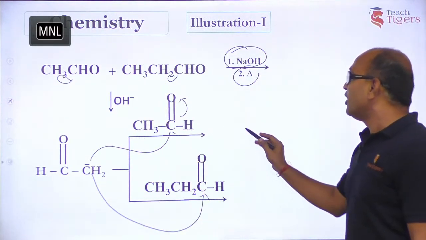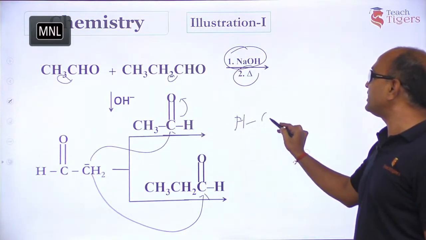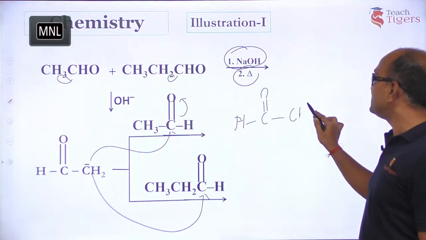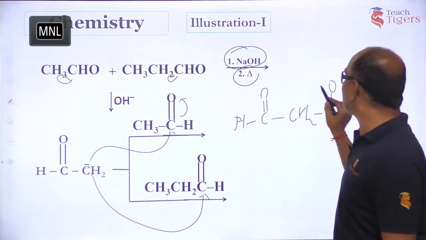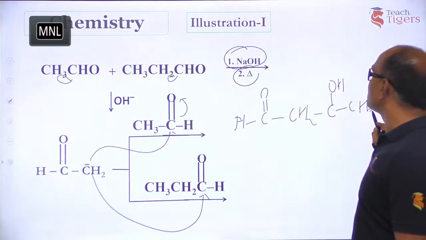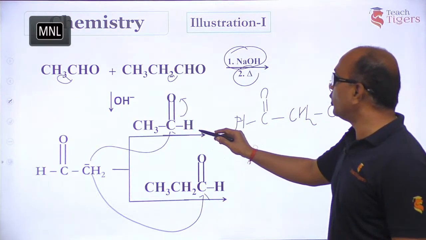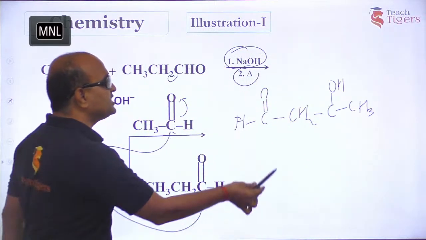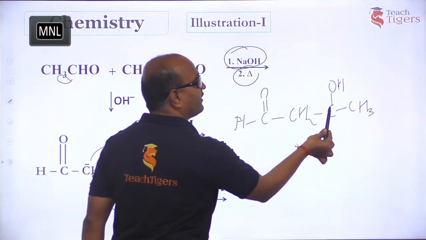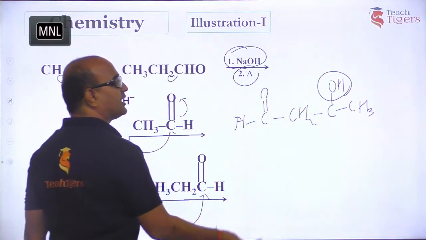So let us see what we have got. I have got HC double bond O. This CH2 attacks this, giving O minus, which will react with water to give this. This is our carbonyl carbon, this is alpha, this is beta hydroxy, and you have 4 carbons.